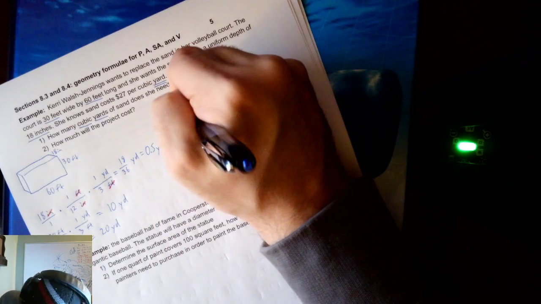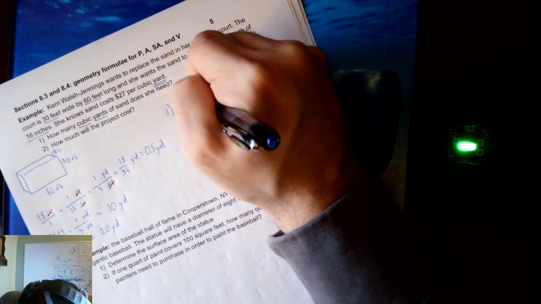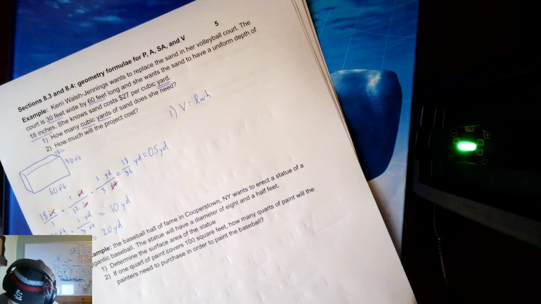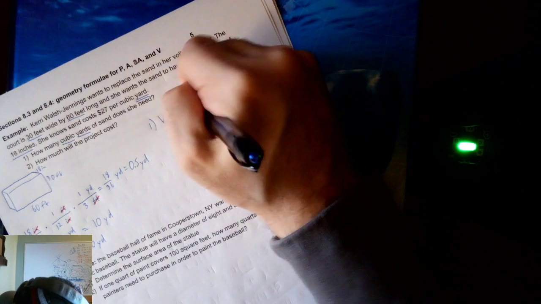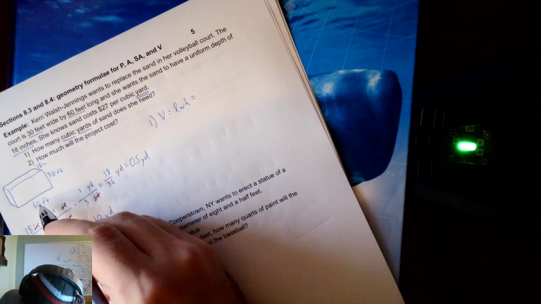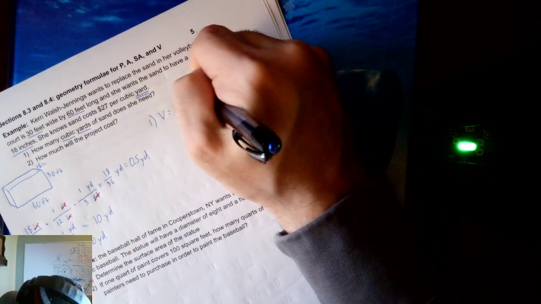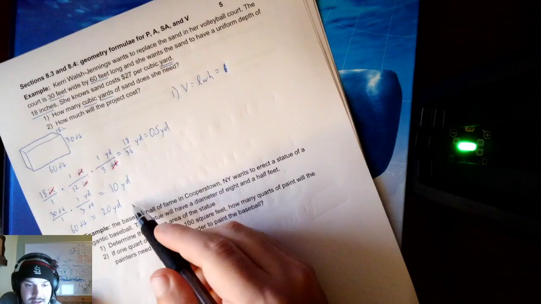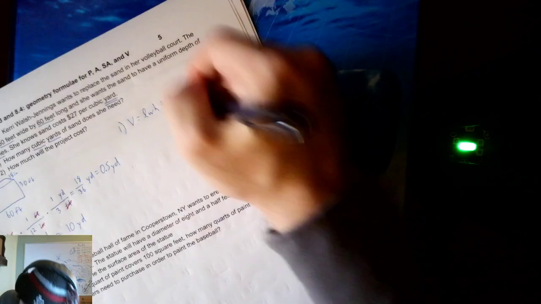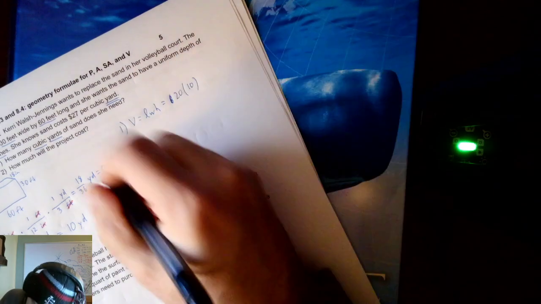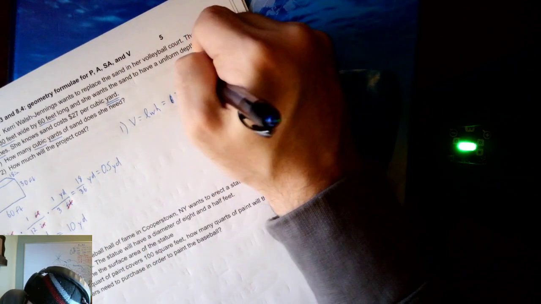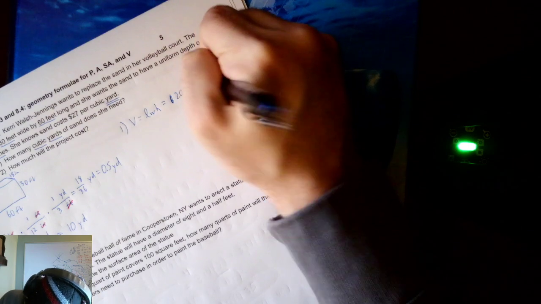So I'm looking for volume, which will be length times width times height, which is equal to, let's see, length is 60, or sorry, we're using the yards measurements. Length will be 20, right? Width will be 10, and the height or the depth will be 0.5, right?